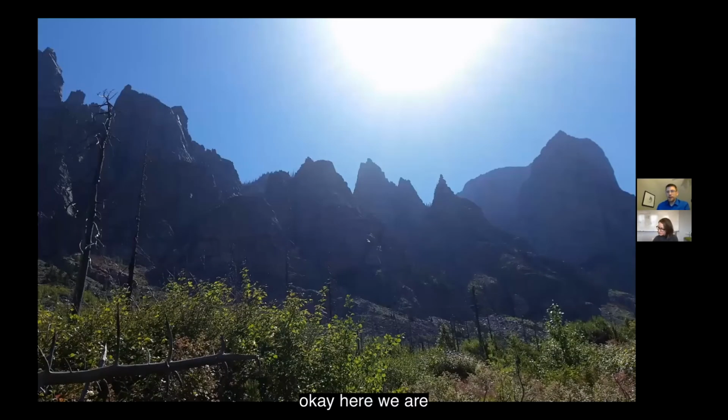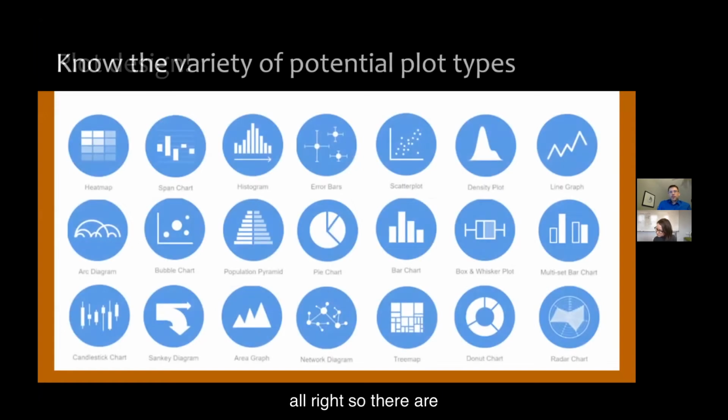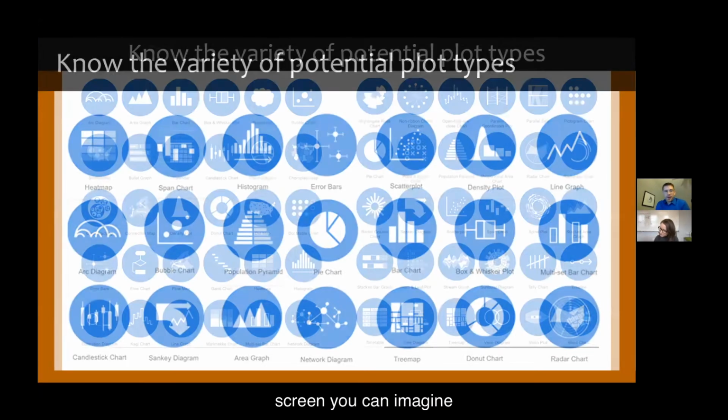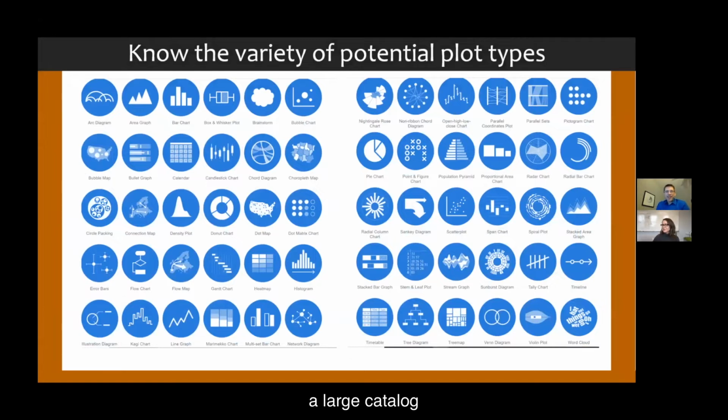Okay, here we are. All right, so there's a wide variety of different kinds of visualizations that someone can use. And this is just scratching the surface, even though there's already a lot on the screen. You can imagine a large catalog.